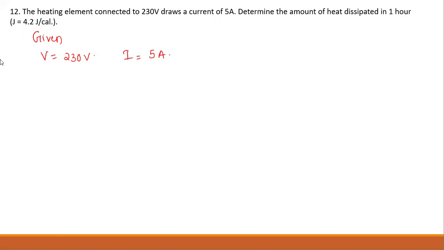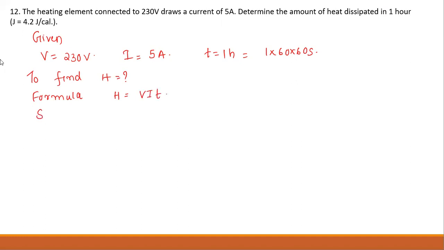Time is 1 hour, that is 1 into 60 into 60 seconds. We want to find out the heat dissipated, that is H. We know that the formula for heat dissipated is equal to power into time. Power P is equal to VI. So VIT will come. On substituting the values, we will get the solution.